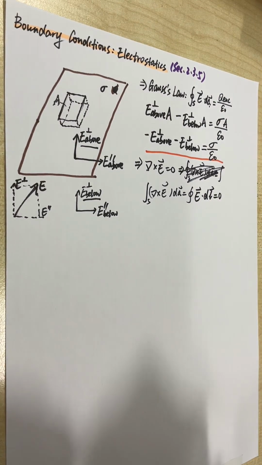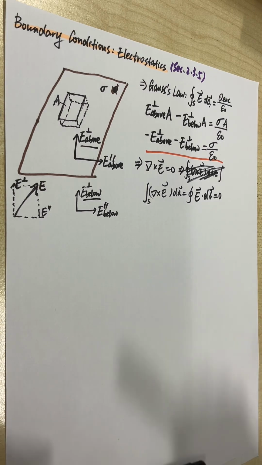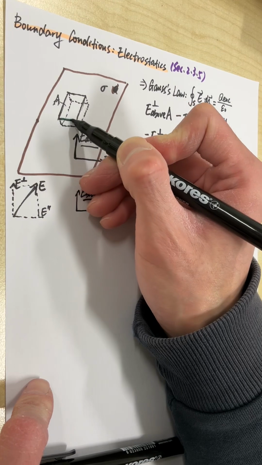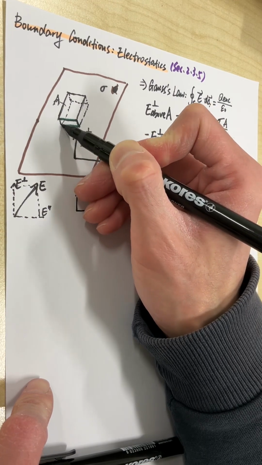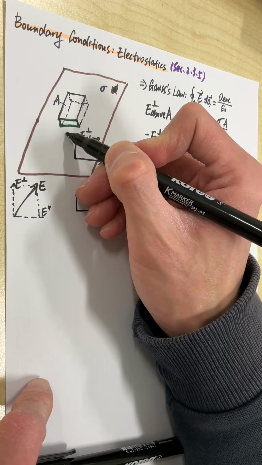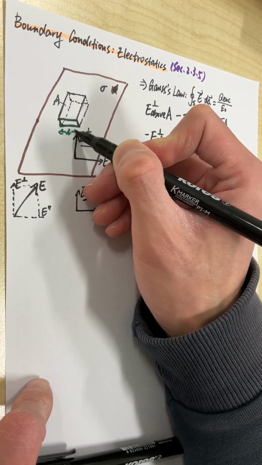So we need to observe a closed path. What we can do is observe this path. The thickness is infinitesimally small, and the width is L.